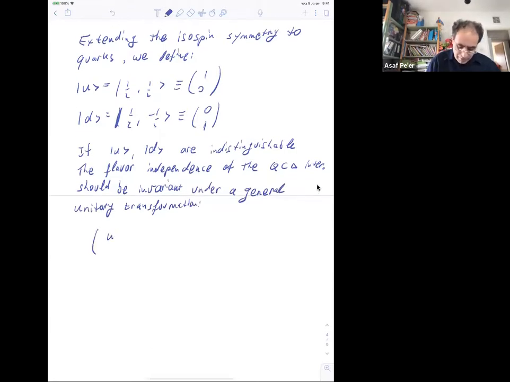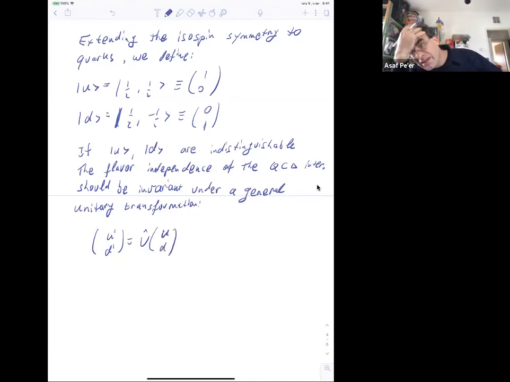If I write U prime, D prime as some unitary transformation of U and D, I get a state which is a combination of both up and down states, but I don't have a way to distinguish it because the up and down states are indistinguishable.